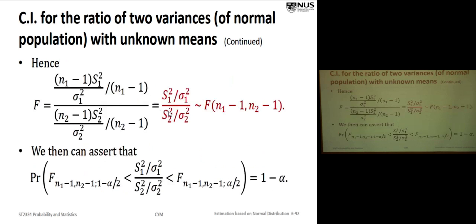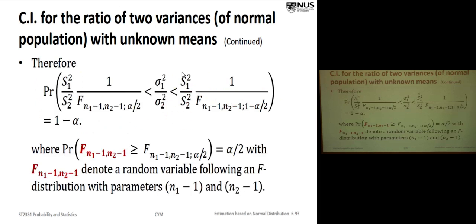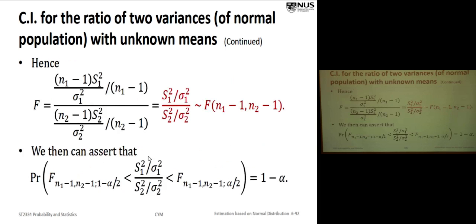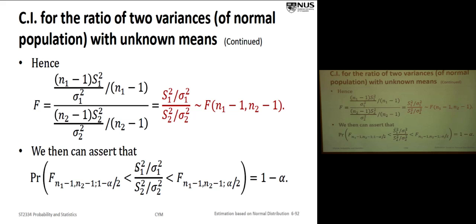So basically you want sigma 1 squared over sigma 2 squared, so you have to take 1 over this, and then multiply by s1 squared over s2 squared on both sides. And that's what we've done here. You take the reciprocal, which obviously flips the inequalities.